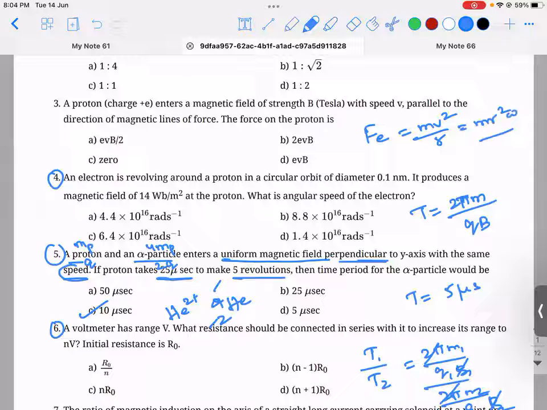It is m r omega squared, equal to the electrostatic force. v is equal to r omega for circular motion. So basically there is a proton here and an electron which is revolving. If you know the distance, k q1 q2 divided by r square can be calculated.